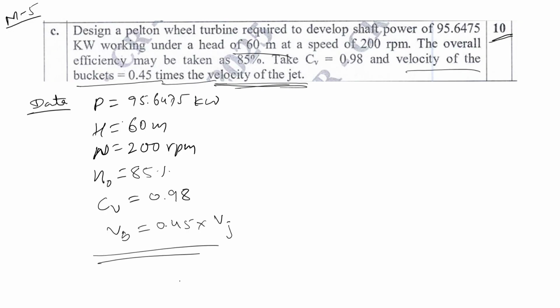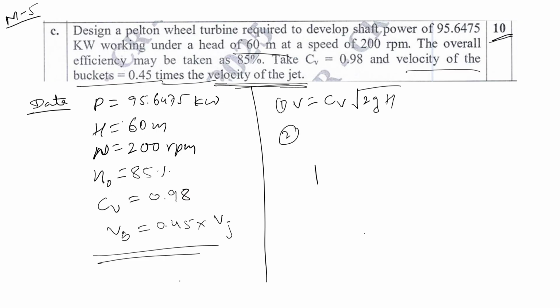To solve this question, you have to know the equations for velocity in terms of diameter and speed. First one, the velocity V is given by Cv square root of 2gH. Then second one, V is equal to pi DN divided by 60.